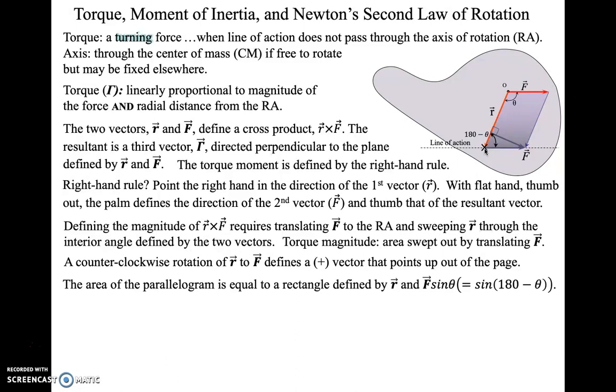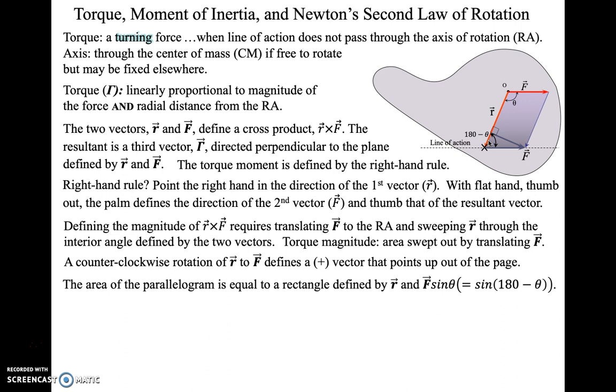All right, so the area of this parallelogram is equal to the rectangle defined by the length of the radius vector and a component of the force vector, F sine theta. So I've defined theta to be this interior angle here around this point x where the force is being applied. That angle is actually 180 minus theta, but sine of 180 minus theta is also equal to sine theta.